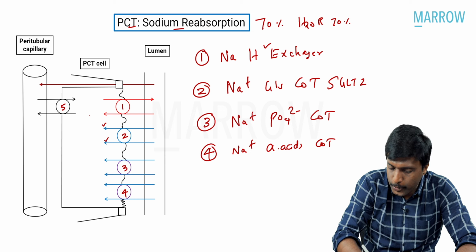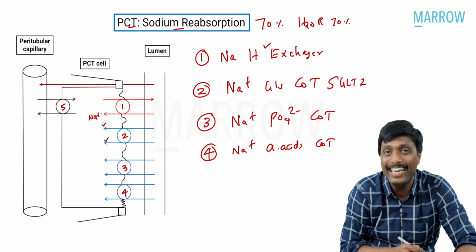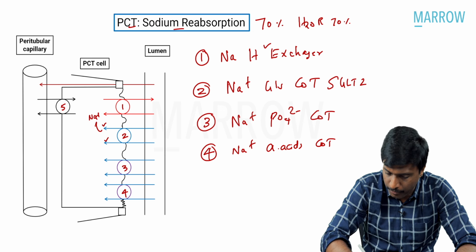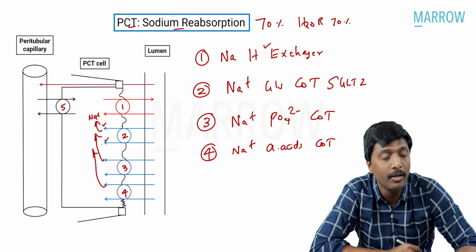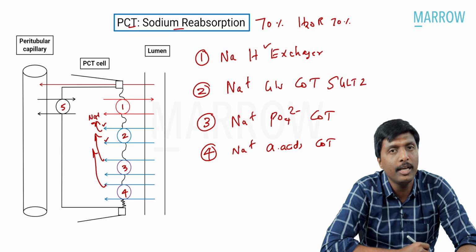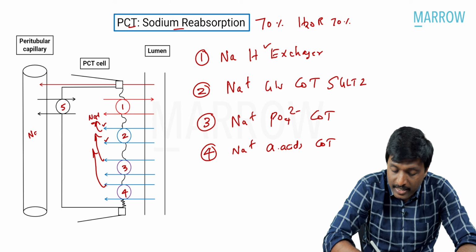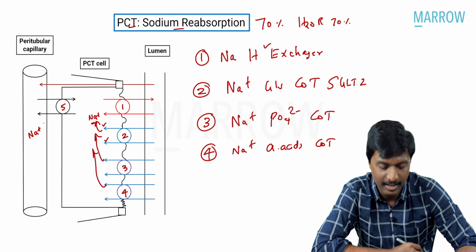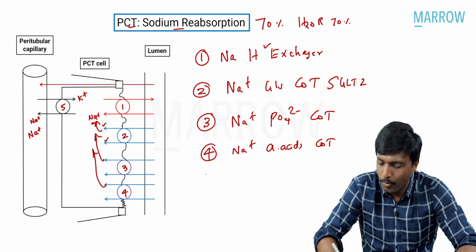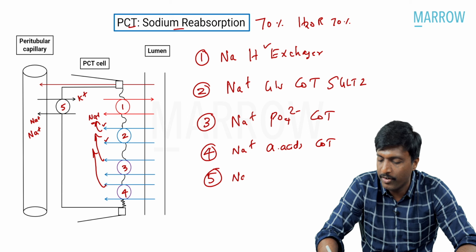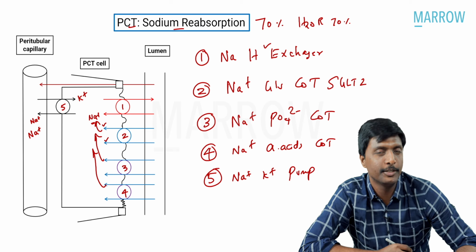That means sodium is coming inside the cell in a lot of ways. How to send this sodium into the blood vessel? For that, a very important channel protein, that is our sodium potassium ATPase. What is this fifth one, sir? Our very well known sodium potassium pump. That's all.